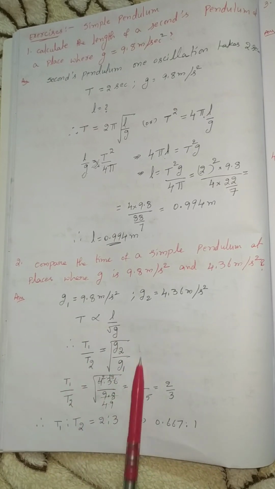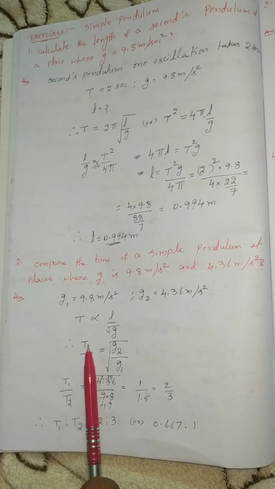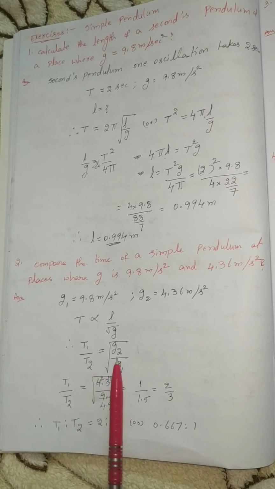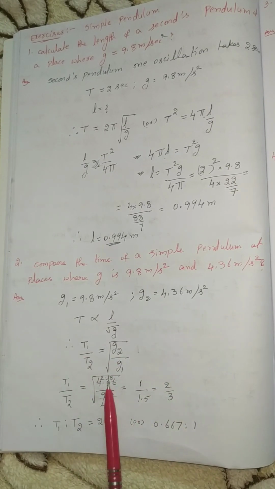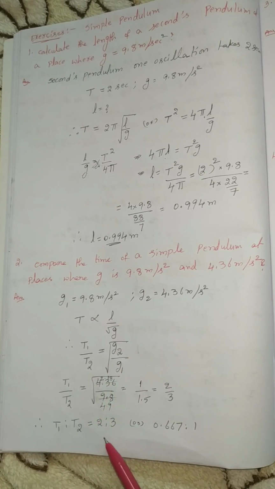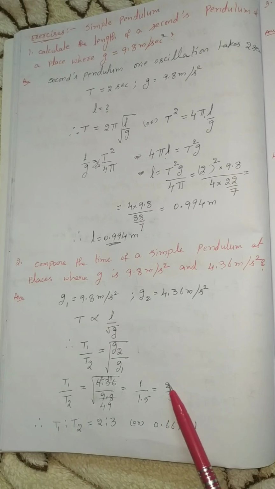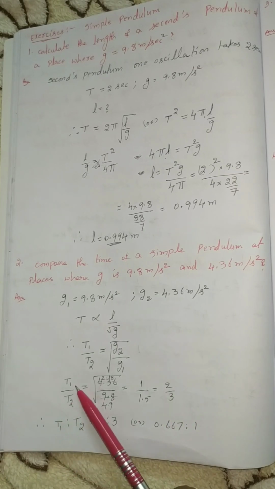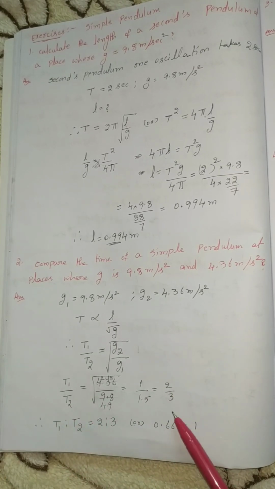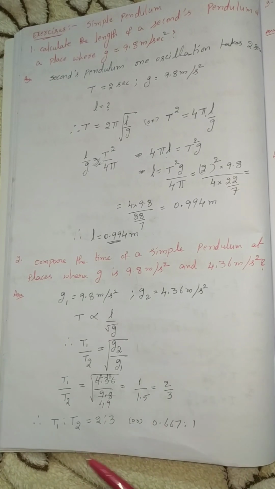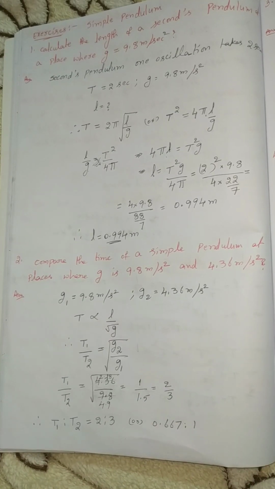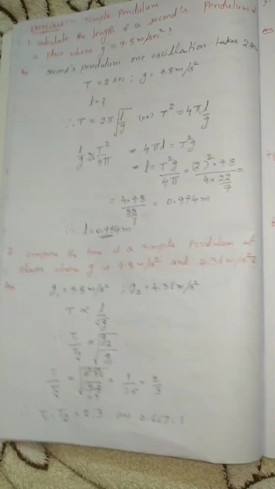This is the formula. So T1 by T2 equal to root of g2 is 4.36 by g1 equal to 9.8. So after the cancellation, 1.15. So the answer is 2 by 3. So T1 equal to 2, T2 equal to 3. So this is the value of the T1 and T2.